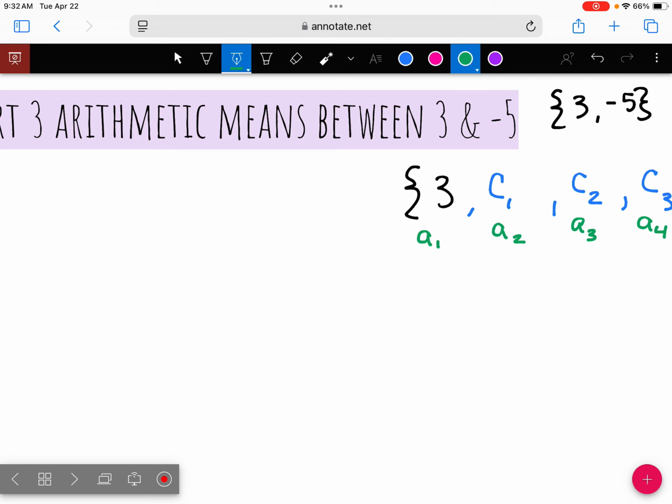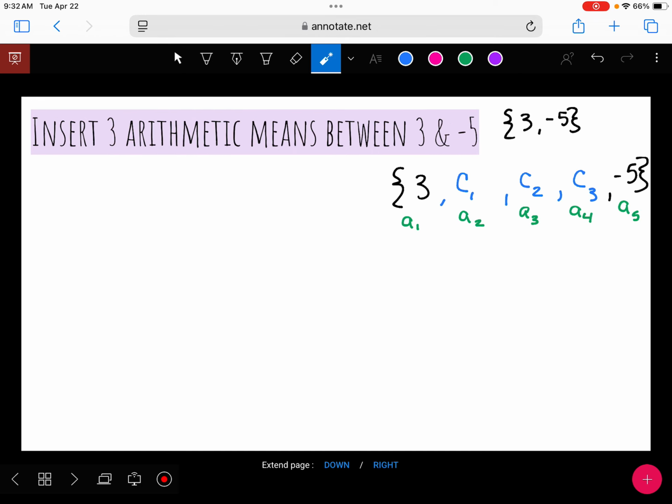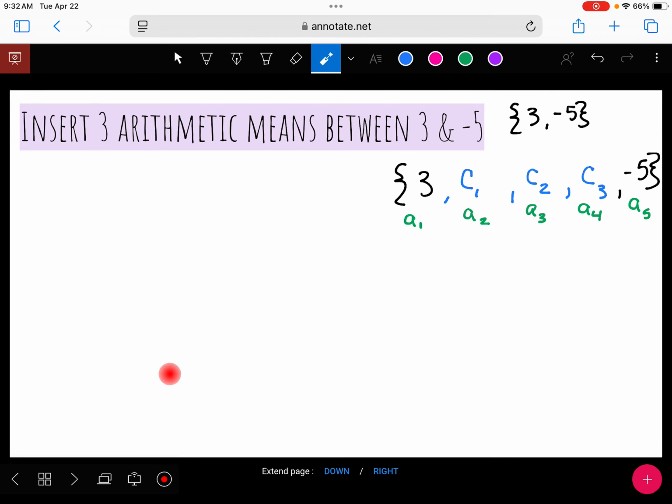We want to figure out what the common difference is, but the only ones we have numbers for are A sub 5 and A sub 1. So it has to have a pattern. It has to go down. We will be very specific that it has to be the arithmetic mean, because I can't just pick random numbers in between. It has to divide it equally to make this an arithmetic sequence.